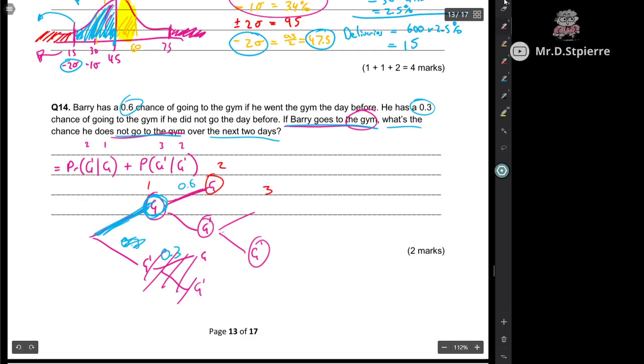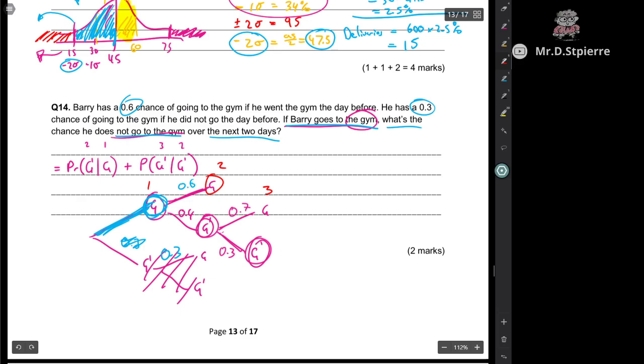If that's 0.6 along here, that must mean that is 0.4, and now we just need to figure out the probabilities for day 3. So if he has a 0.3 chance of going to the gym if he did not go the day before, so going to the gym if he did not go before, that is 0.3. That must mean that's 0.7.